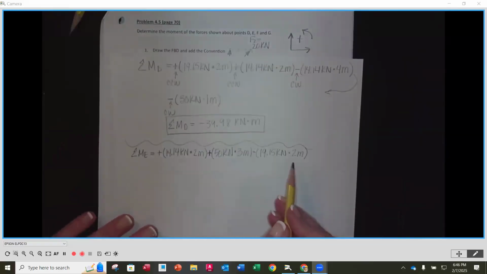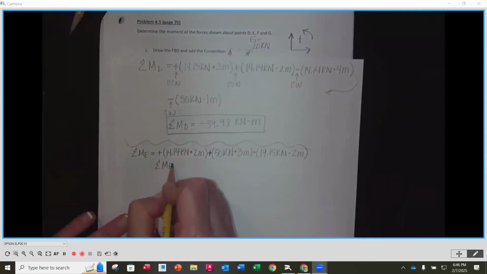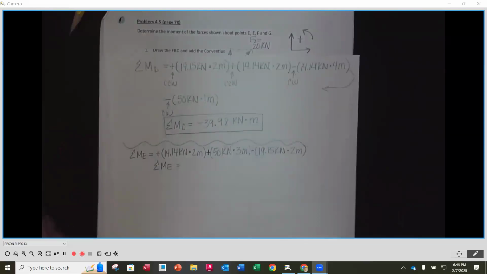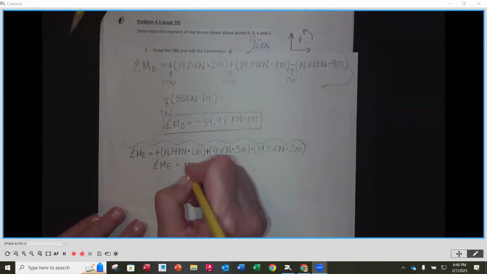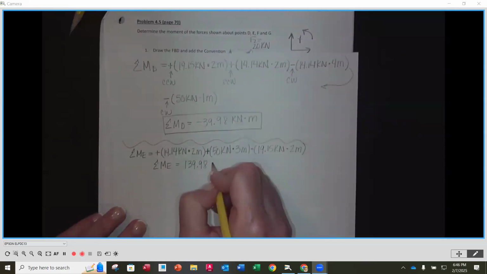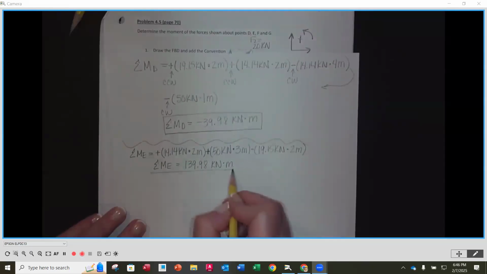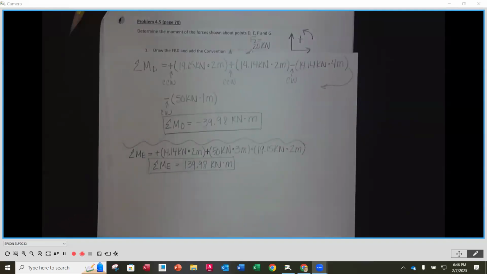Okay. And those are all the forces, we made it all the way around, that are causing moments on point E. So if we sum our moments about point E, you should get 139.98 kilonewton meters.